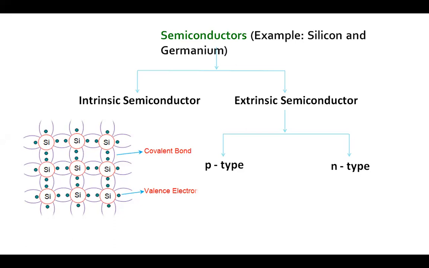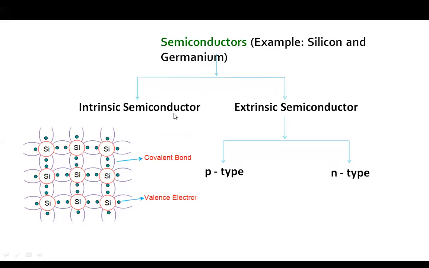Quickly tell me how many valence electrons we identify for the silicon atom. Yes, 4. You can see there are 4 electrons in the valence shell that are linked with other electrons, which we call the covalent bond.